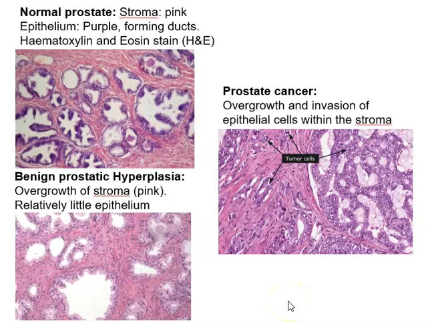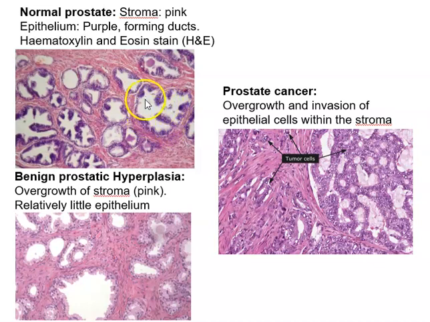So let's have a quick look at some prostate epithelium, and it's not that different from breast epithelium. Here is the stroma in pink, this is quite a dark stained section, and here is the epithelium in purple. And these are ducts, and these epithelial cells secrete prostatic secretions which form a constituent of semen.